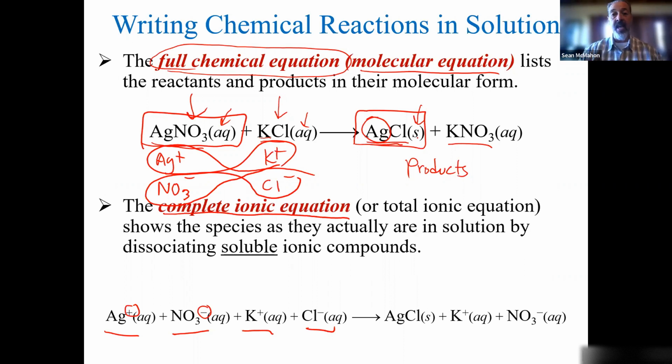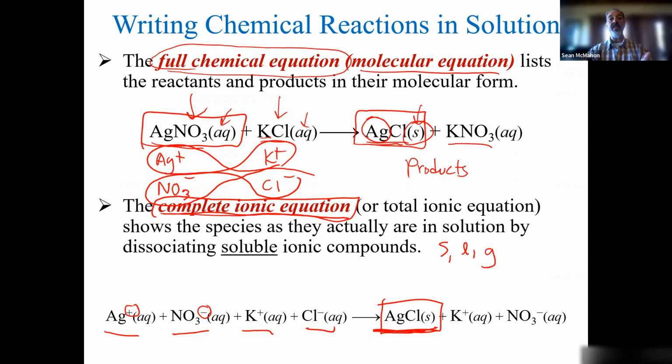So it precipitates out, and we write solid. That means it's no longer in separate aqueous ions. When we're writing out complete ionic equations, solids, liquids, and gases, you do not separate, ever. They're always in molecular form.